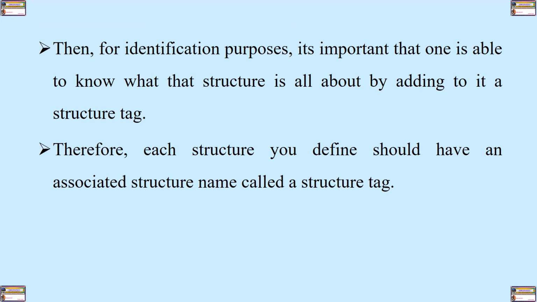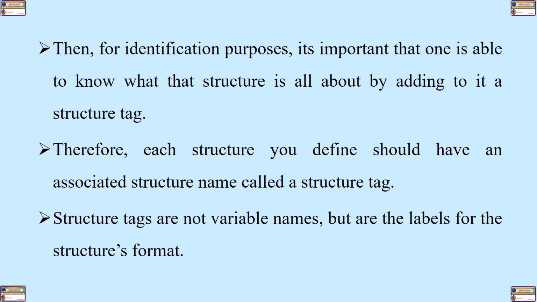And therefore, you are supposed to add a structure tag, for example, student scores structure tag. For this reason, each structure that you define should have an associated structure name that we call a structure tag.